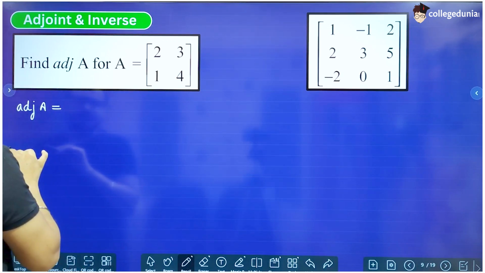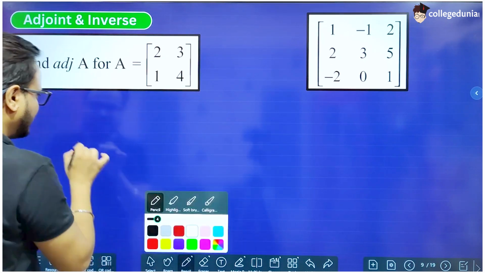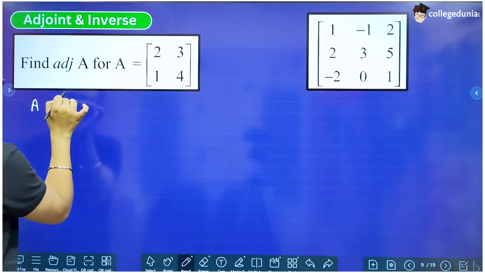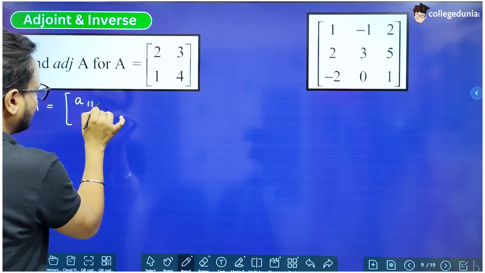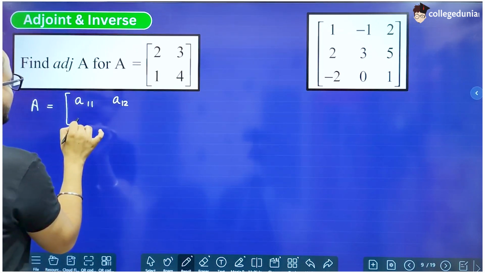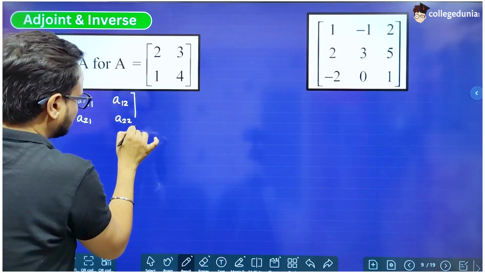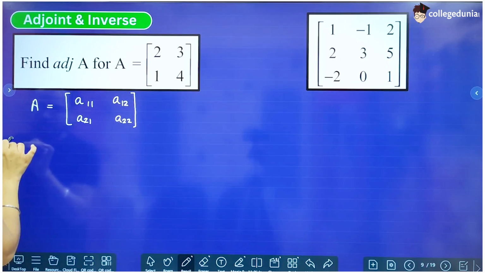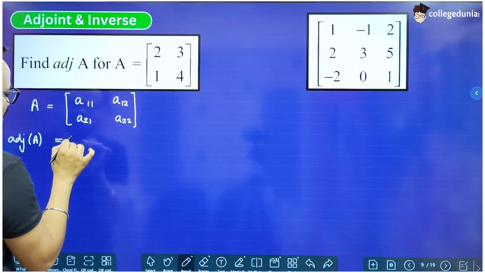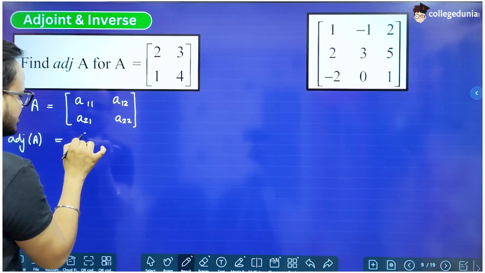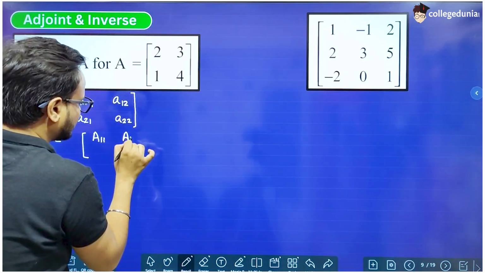So adjoint A is simply a matrix which is, suppose we have a matrix A. Suppose we have a 2 by 2 matrix A: A11, A12, A21, A22. So the adjoint of A is simply the transpose of the matrix which is formed by the cofactors of this matrix.